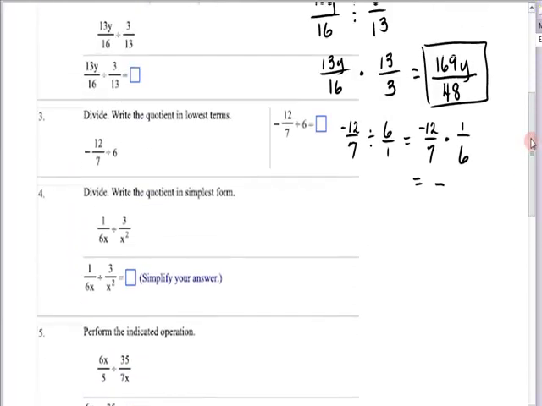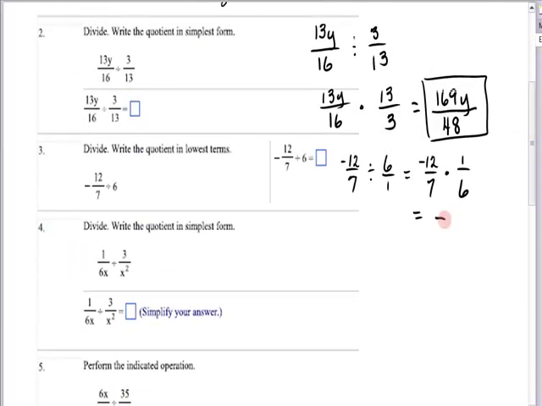I have 6 goes into itself once, 6 goes into 12 2 times. So that gives me 2 times 1 is 2, 7 times 1 is 7. The answer is negative 2/7.